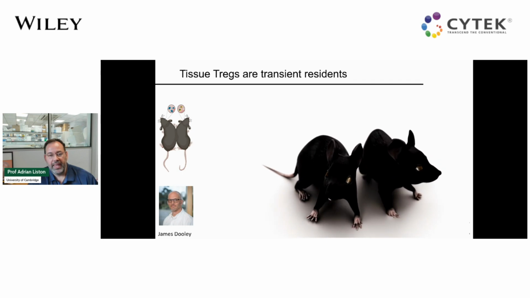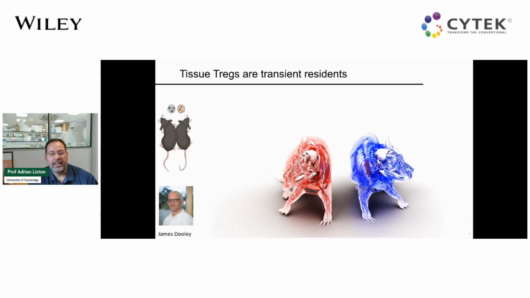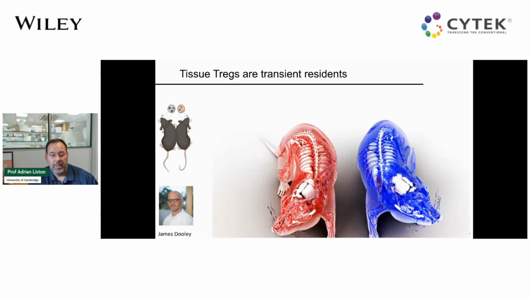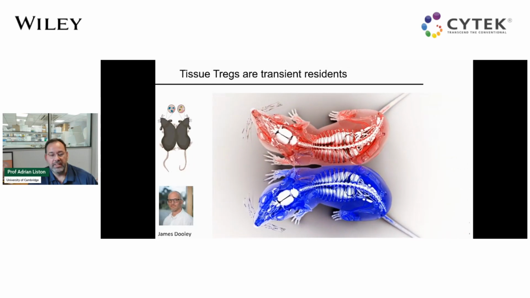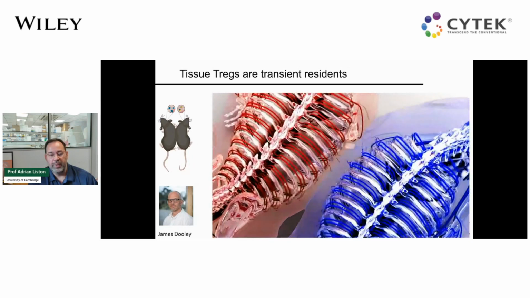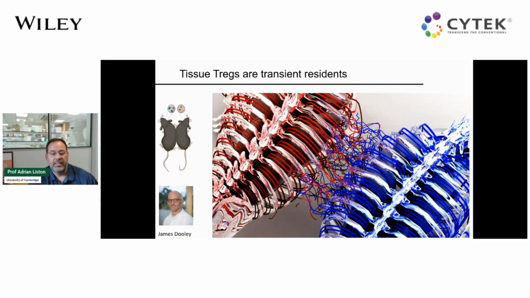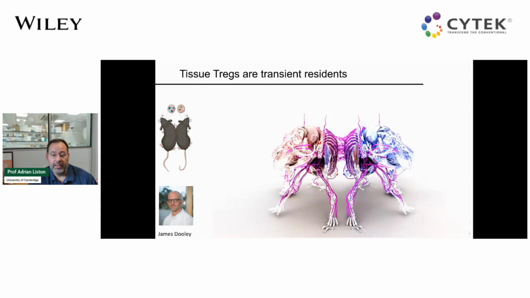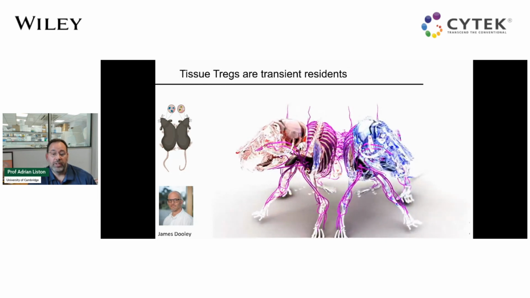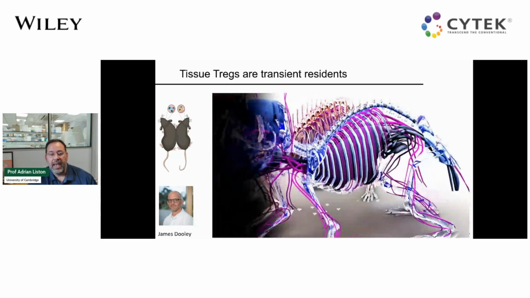Now, the other aspect we want to work out is whether or not these populations are actually indefinite residents. So for this, we did a parabiosis experiment. We could take CD45.1 and CD45.2 mice, so we can differentiate the cells based on this marker. If you surgically join those mice together, the vascular system joins up very quickly, and so now all of the cells that are in the blood are circulating and normalized.